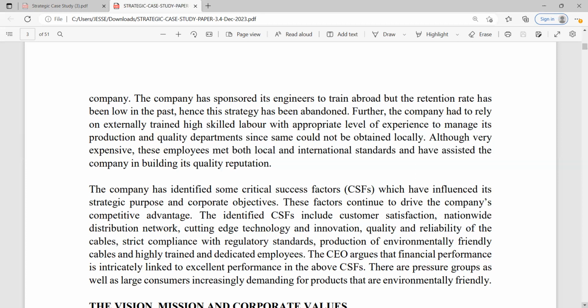That's what they want. And you need to understand the stakeholder matrix in terms of the power of stakeholders and the interest of stakeholders. Some stakeholders have high power, low interest.